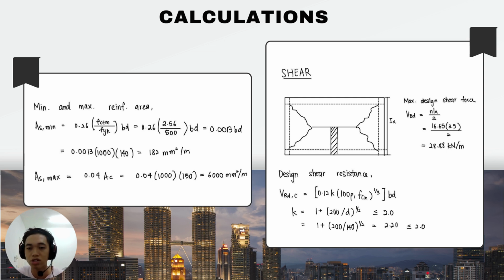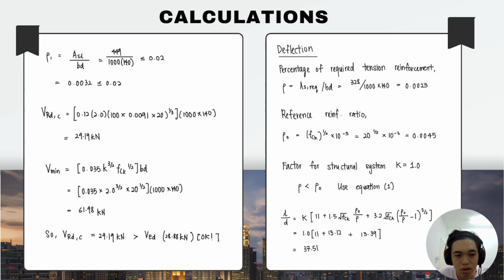For the design shear resistance, based on the formula that we have studied previously during the structure analysis class, the VRD that we have obtained is okay. Why is it okay? Because the value that we have obtained, which is 29.19 kilonewton, is more than the shear VED, and is okay.